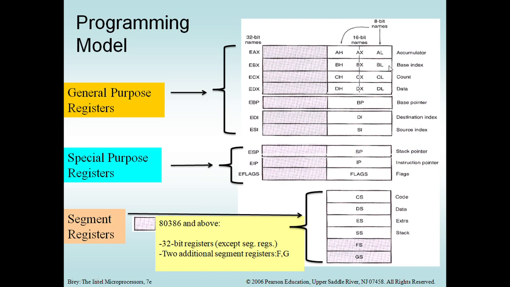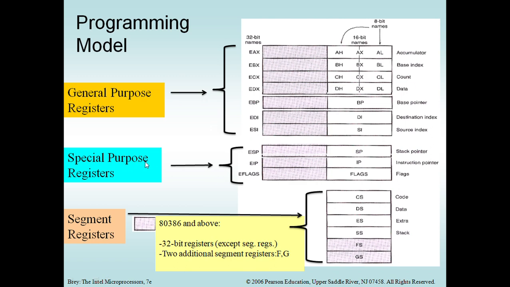These are the names used to reference these registers or parts of these registers during assembly language programming. For example, the accumulator can be referenced using AL, AH, AX, or EAX. EAX is the extended version of these registers.